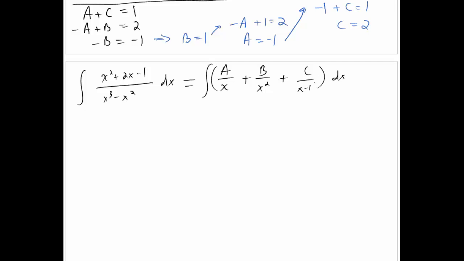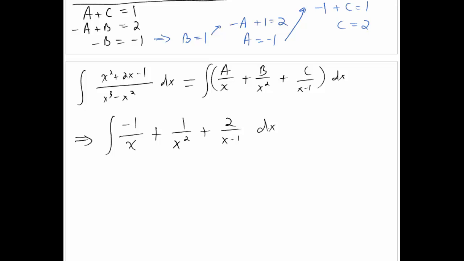We solved for a, b, and c. So this then becomes the integral of negative 1 over x plus 1 over x squared plus 2 over x minus 1 dx. And now I can integrate this.